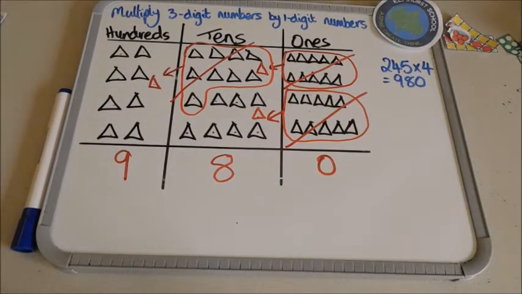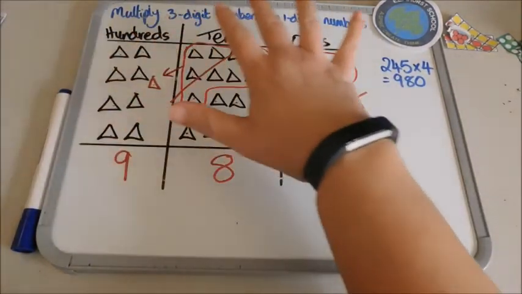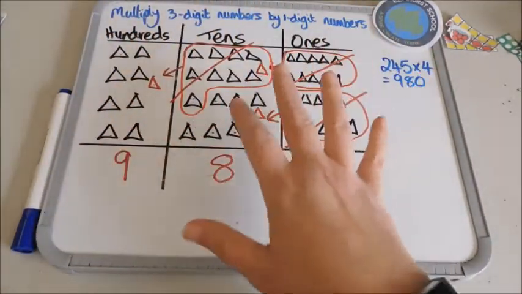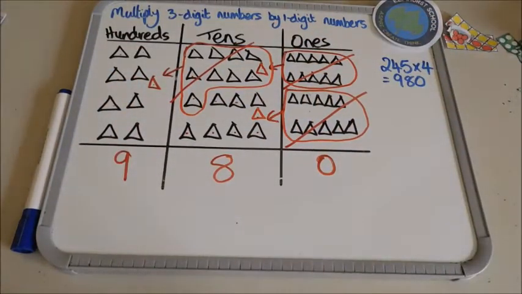Now when moving to 3-digit by 1-digit multiplication, we encourage the children to move towards the short formal method when they're ready. Using our place value grid is where we need to start so that they are confident, as they've been confident using this method when multiplying a 2-digit number by a 1-digit number.